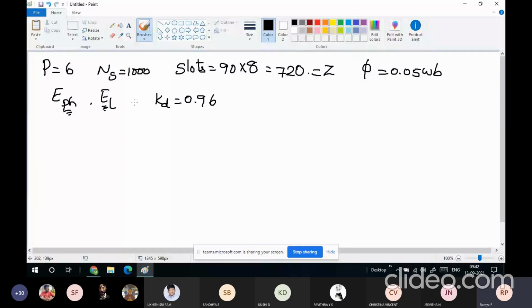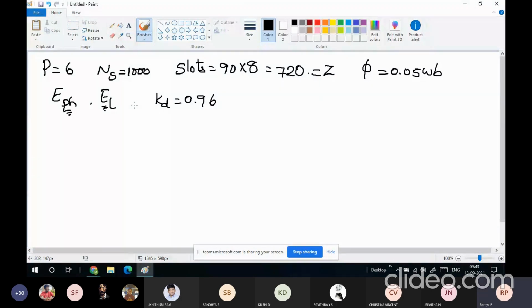First, if you want to calculate E phase, see here they have not given whether it is a full pitch or a short pitch. But when we go for this full pitch or a short pitch, one thing you have to remember here: they have given a word after the flux per pole is 0.05 Weber.